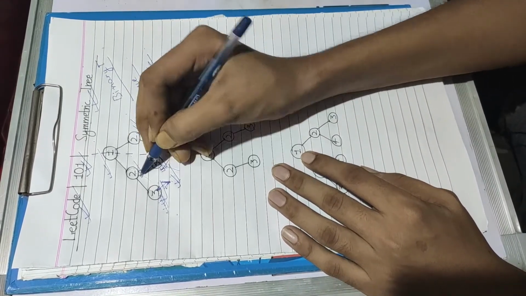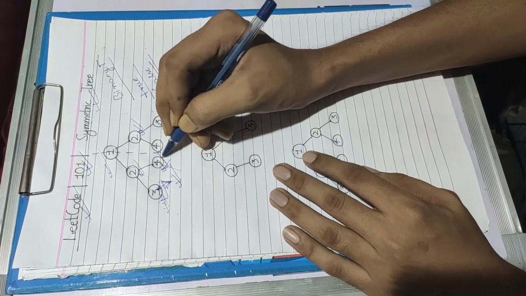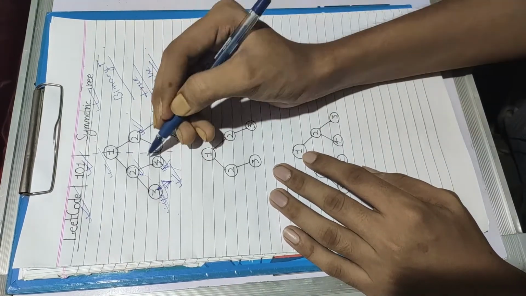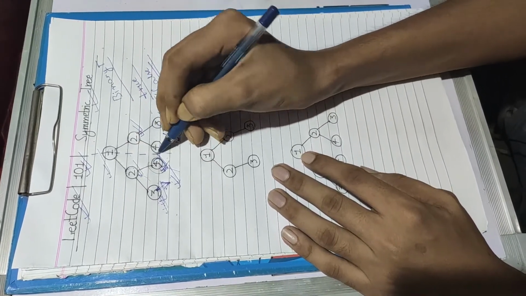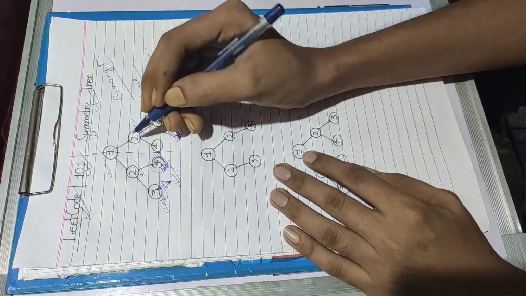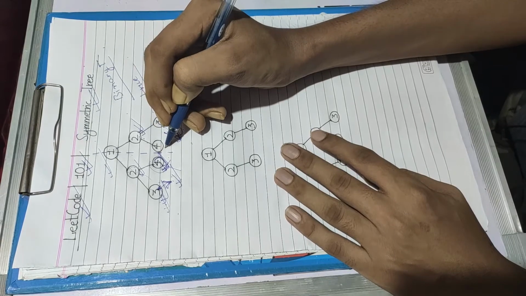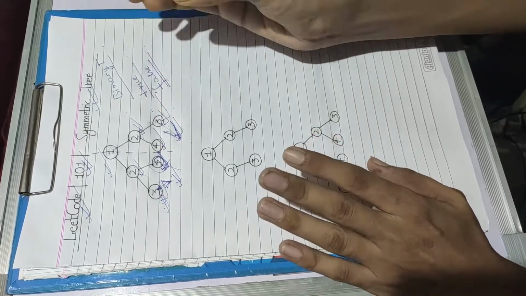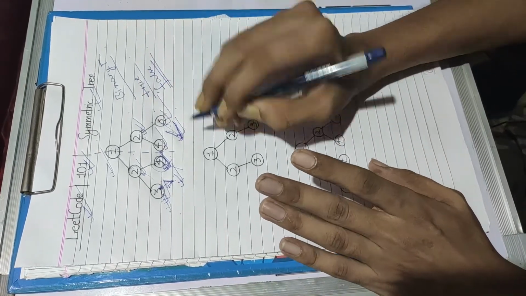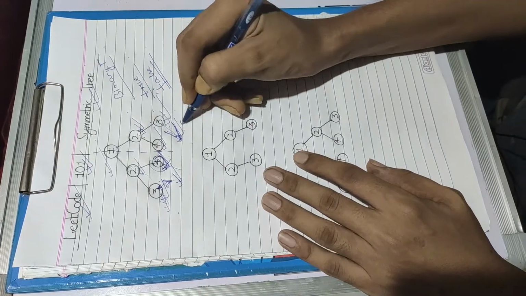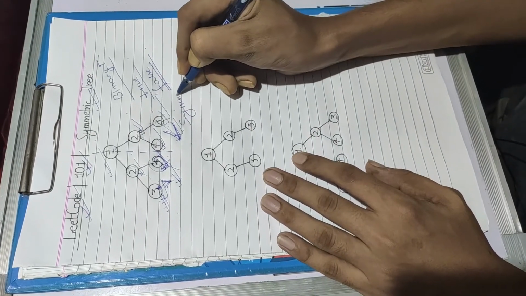Again we will backtrack and go to 4. Now the right hand side of 2, that is 4, is equal to the left hand side value here, that is also 4. So we can say that this tree is a symmetric tree.